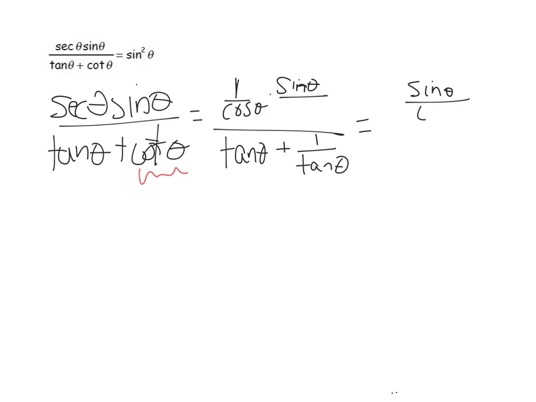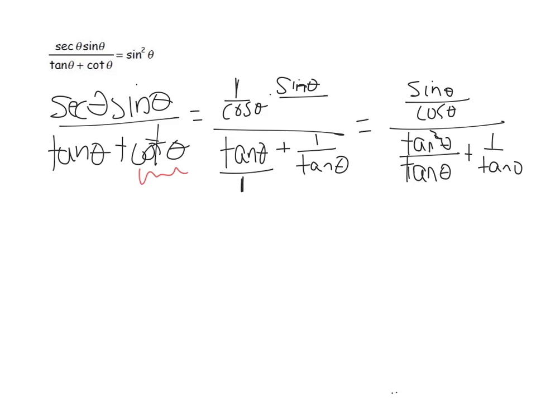So I will write it for you once so you see it: sine over cosine. Then in the denominator, remember this tangent is over 1, and we want to write it as a fraction that we can add to the other one. So we have to write it as tangent squared theta over tangent, plus 1 over tangent theta.